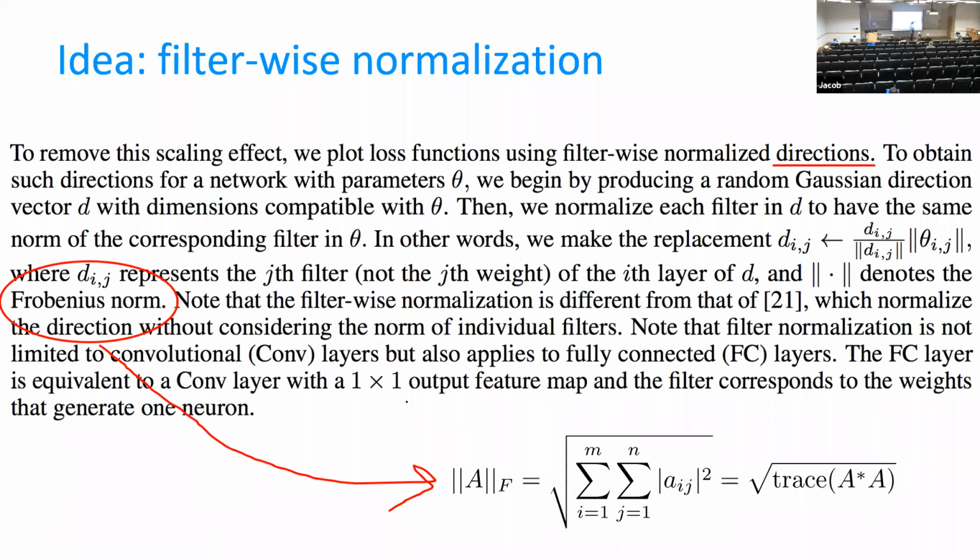We're going to normalize that and scale by the norm of the parameter vector. That normalizes out the scale of our parameters and gets rid of this parameter scaling problem, so that we can trust the curvature of our loss visualizations once again.